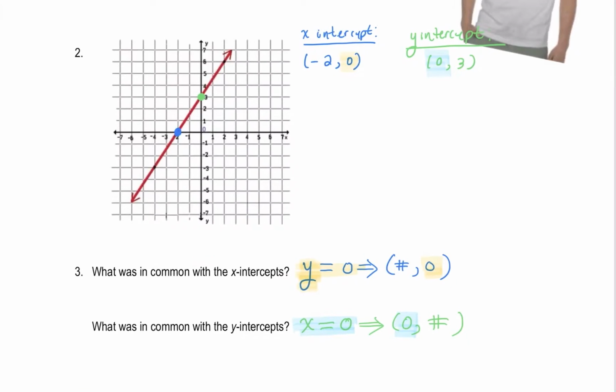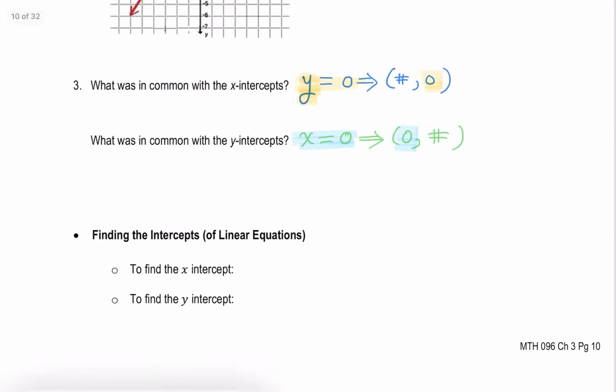And that is actually how we will go about finding the equation of a line. Or I'm sorry, that is how we will go about finding the x and y intercepts given the equation of the line. So given an equation of the line, if I say to you, find the x-intercept, you're going to say, hey, I know what that means. That means the y-coordinate, I'm going to let the y-coordinate equal 0, and then I can just solve that for x.